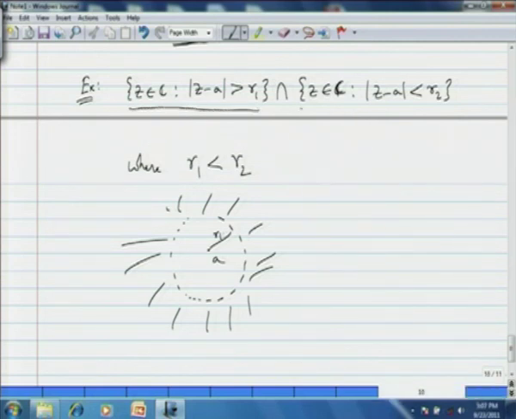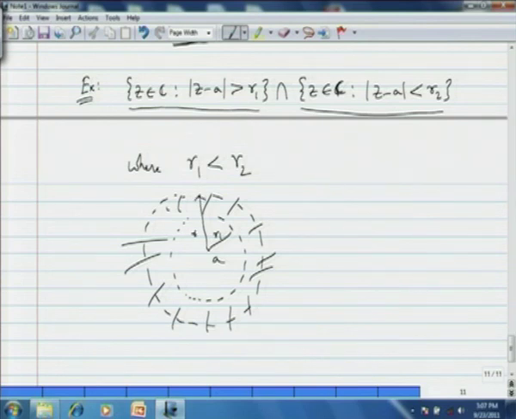And the second set is the set of all points which are at most distance r2 away from A. Notice r1 is less than r2. So, the intersection of these two sets, at least pictorially, is an annulus.